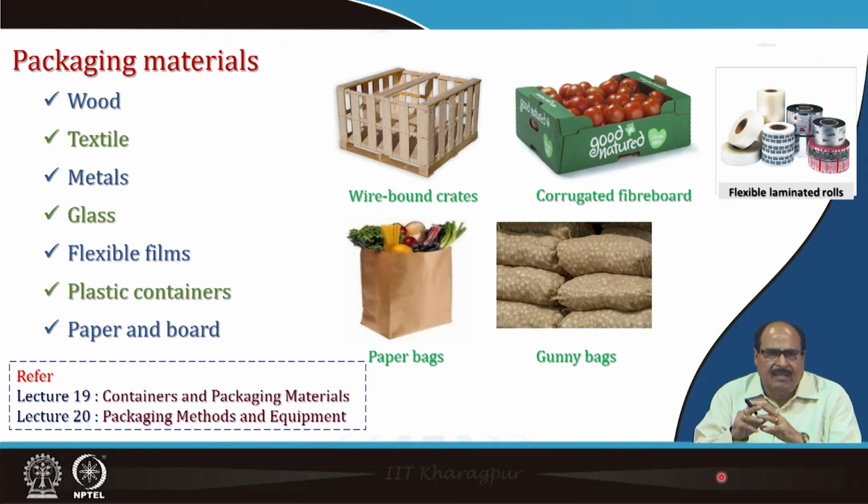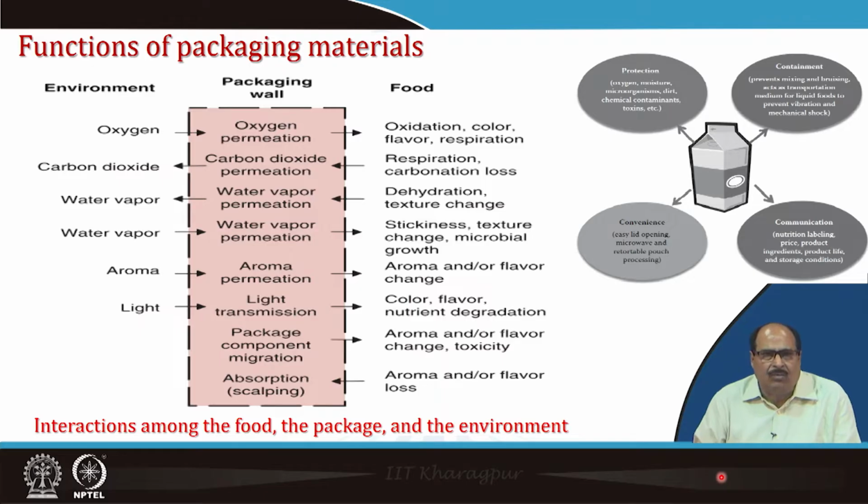The details of these containers, the packaging materials used for them, and also the packaging methods and equipment we have elaborated in lectures 19 and 20. So, I request all of you to please refer to lectures 19 and 20 for these details. In this lecture today, particularly, we will discuss the properties of the packaging materials.